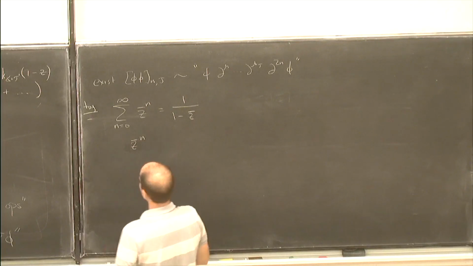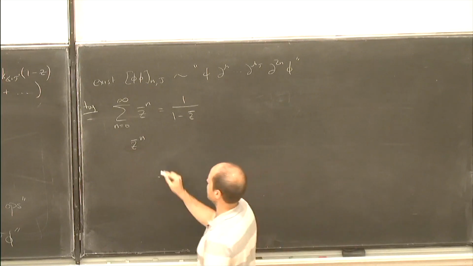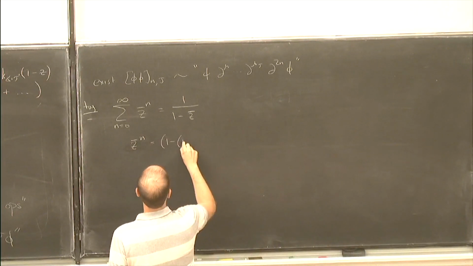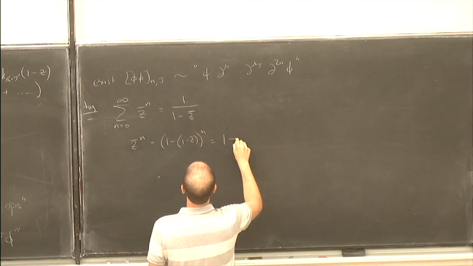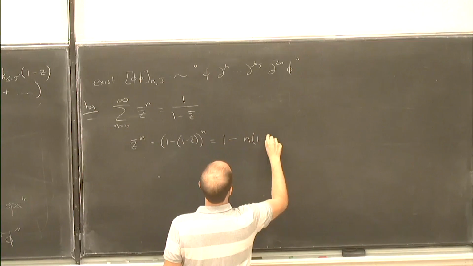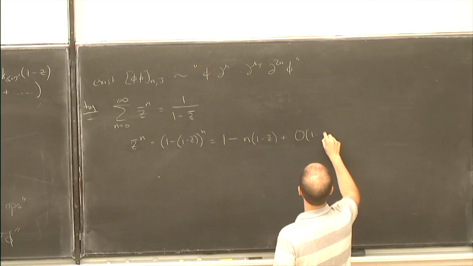What if we take a term on the left-hand side and expand it near z bar equals 1? What do we get? This is equal to (1 minus (1 minus z bar)) to the n, which is equal to 1 minus n times (1 minus z bar) plus higher order in 1 minus z bar.